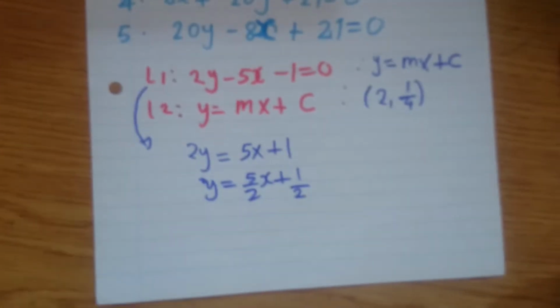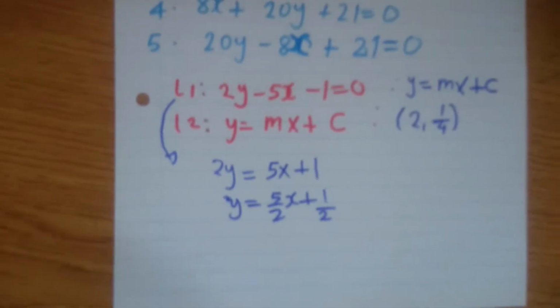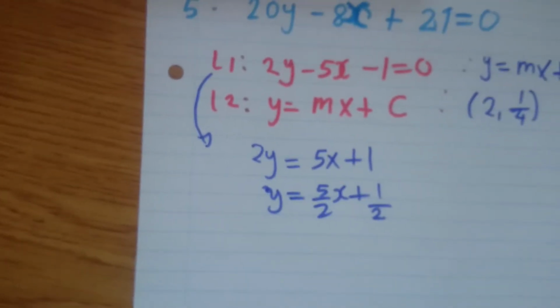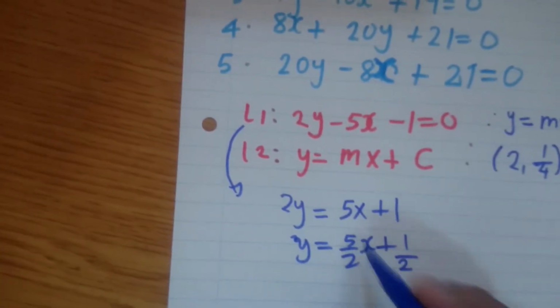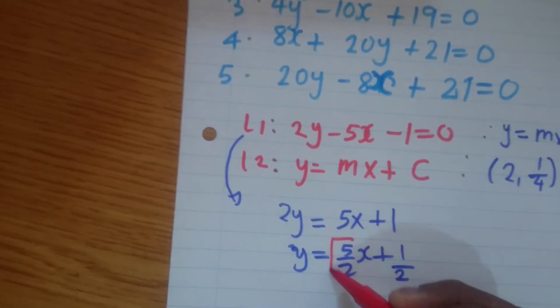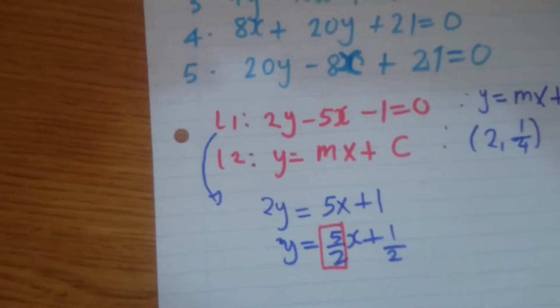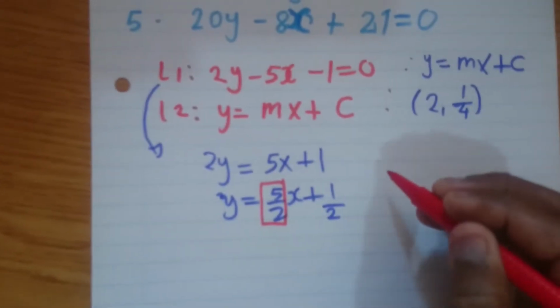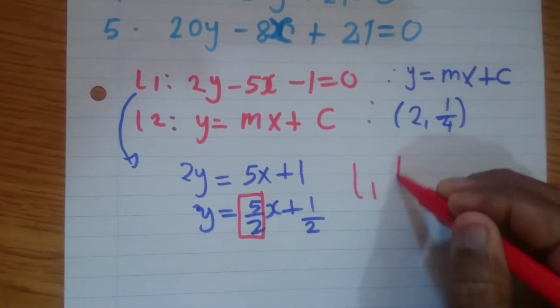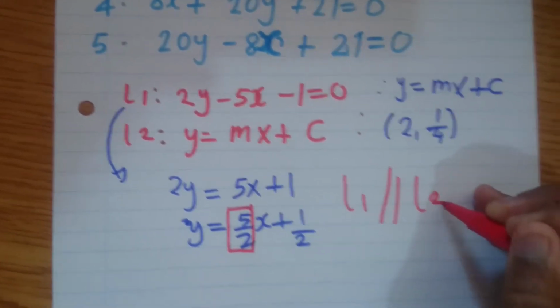I hope everybody can see. This is the standard equation of a line, so 5/2 is the slope of line 1. Since these lines are parallel, line 1 is parallel to line 2.